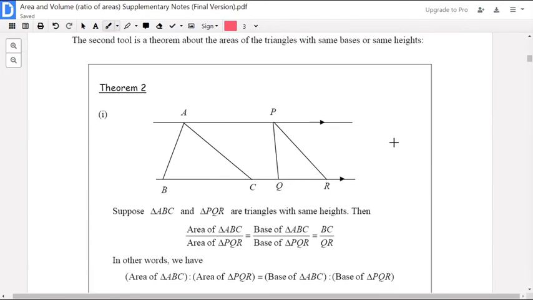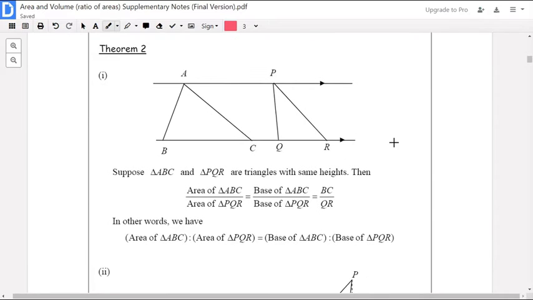And another useful tool is theorem 2, which is a simple fact, but you may not realize it in usual problems. Now, triangles ABC and PQR are not similar. However, they have the same height.